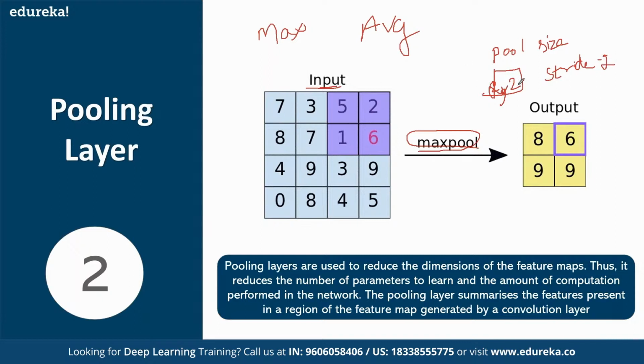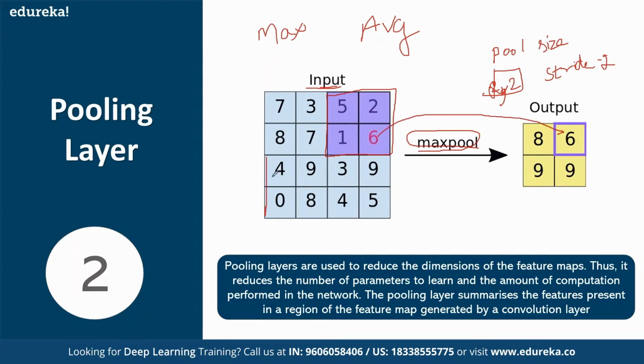So we will use this pool size of 2 by 2, which is a matrix, and we'll place it on top of our input image. After I place my pool, that is, select the region of 2 by 2, I'm going to see what is the maximum value of the pixel intensity present in my given input region. In this region, the maximum value that we have is 6. So 6 is given as an output over here.